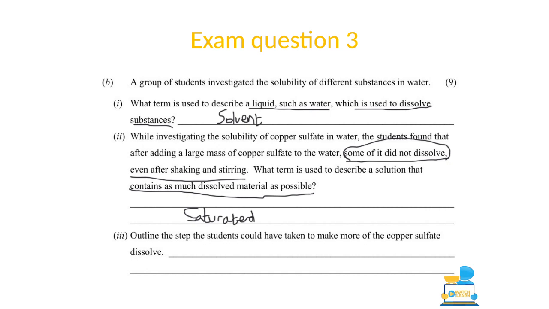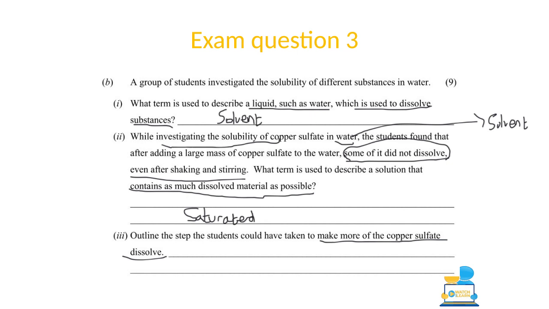Outline the step the students could have taken to make more of the copper sulfate dissolve. Now we need to understand the role of the copper sulfate in this experiment. So the water we know is the solvent. So therefore, what is the copper sulfate?